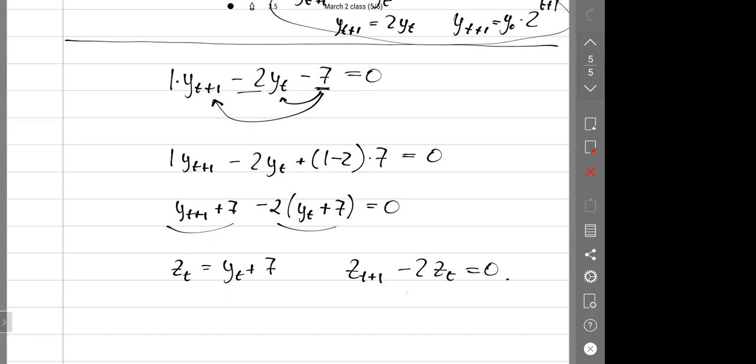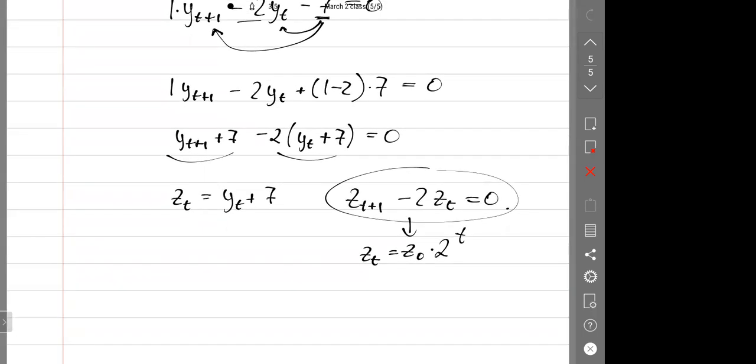I recognize this as a geometric progression, so z_t is z0 times 2 to the power t, and y_t is z_t minus 7.